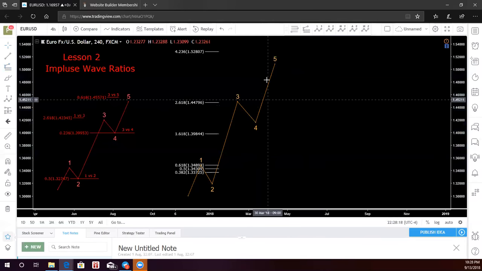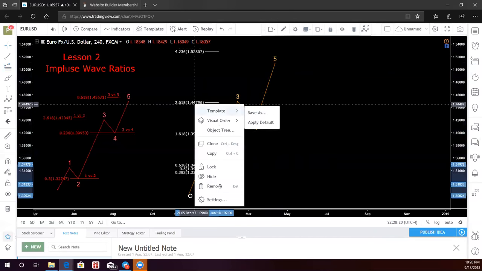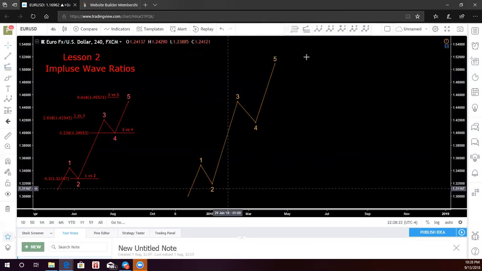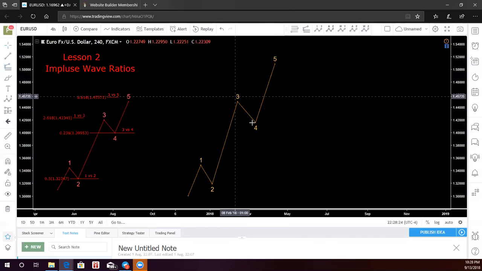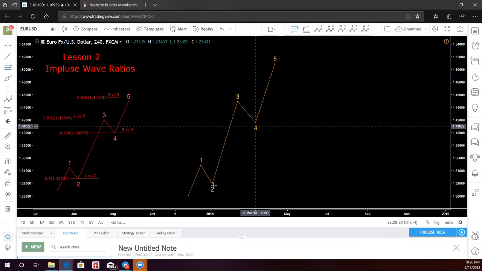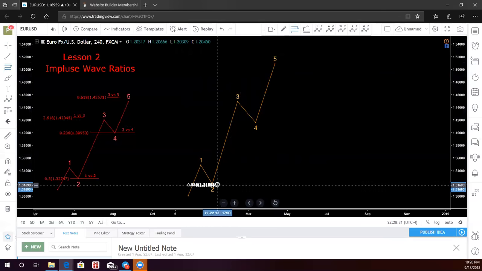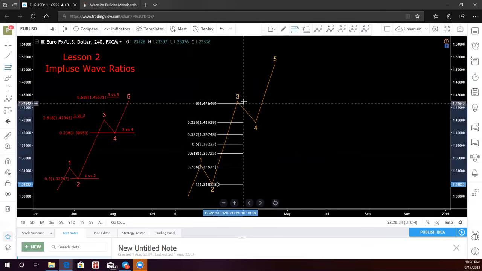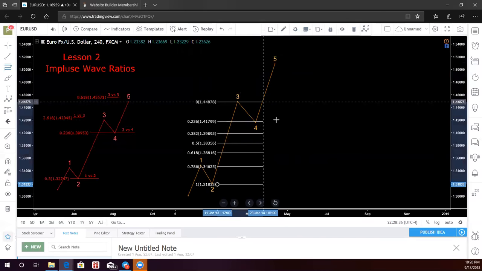And to find wave 4, again, anything that retraces the previous wave, you are going to use a Fibonacci retracement for. So all you do is start from the beginning of wave 3 to the end of wave 3 and stretch it over.